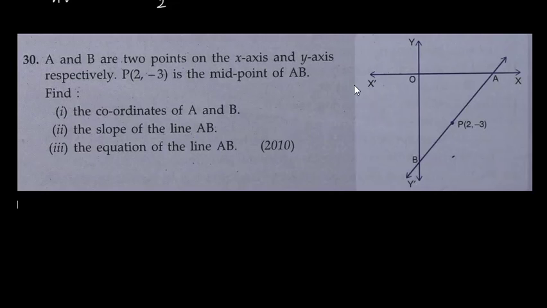Now here in question number 30, A and B are 2 points on the x-axis and y-axis respectively. P is 2 comma minus 3, the midpoint. Now this point P is the midpoint.